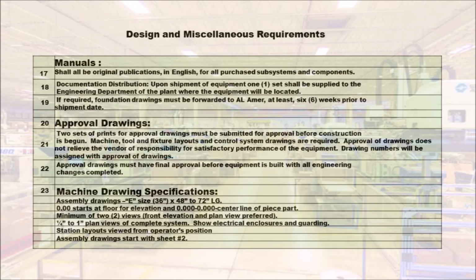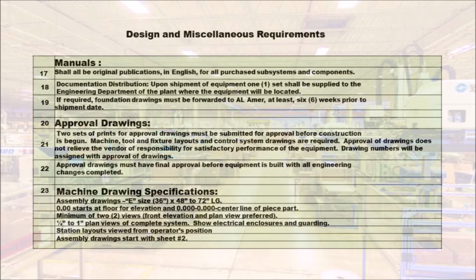18. Documentation distribution. Upon shipment of equipment 1 set shall be supplied to the engineering department of the plant where the equipment will be located. 19. If required, foundation drawings must be forwarded to Amer at least 6 weeks prior to shipment date. 20. Approval drawings. 21. 2 sets of prints for approval drawings must be submitted for approval before construction is begun.